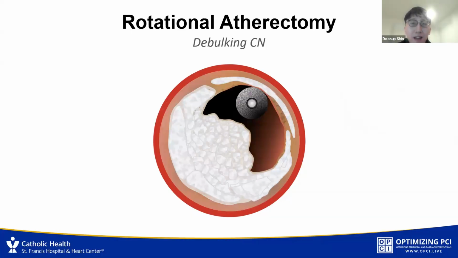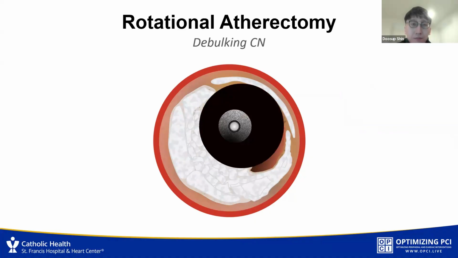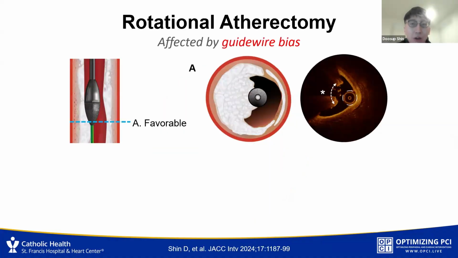If balloon angioplasty is not enough, advanced lesion preparation like rotational atherectomy is performed to debulk the calcified nodule. However, it's important to remember that rotational atherectomy outcomes are heavily influenced by the guide wire bias. If the guide wire bias is favorable toward the lesion that you want to modify, RA can effectively shave the nodule, and often seen in the OCT, there's a concave groove.